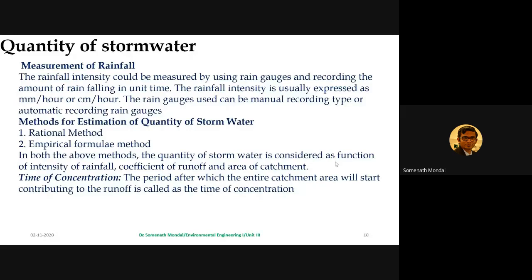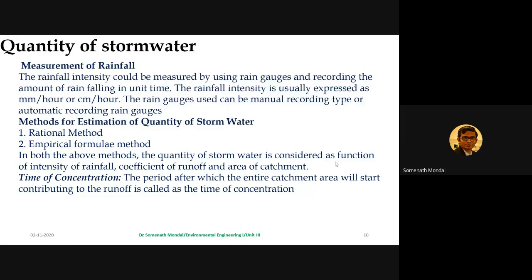Some amount of rainwater will percolate through the soil, and that part should not be taken when you calculate the quantity of stormwater, which is why we take a coefficient of runoff which is usually less than 1, and that is the way we leave a fraction as percolated water. Apart from that, we have the area of catchment, which is also required to remember while estimating the overall quantity of stormwater for a particular area.